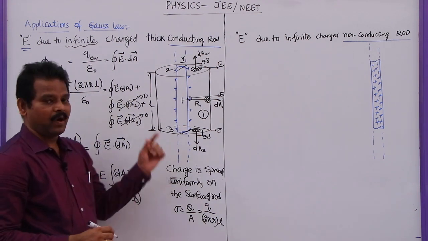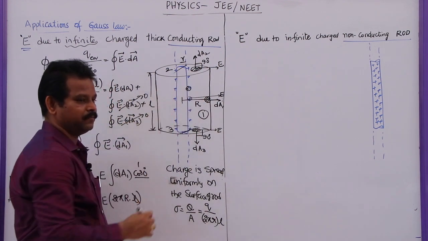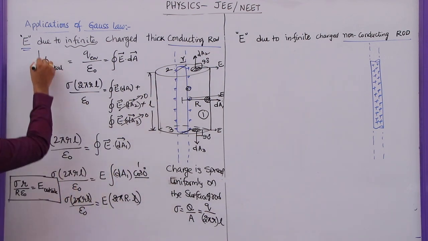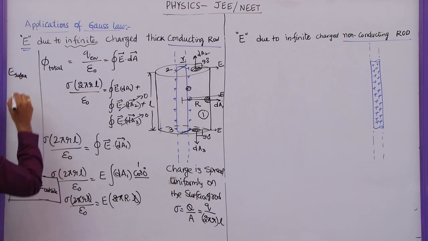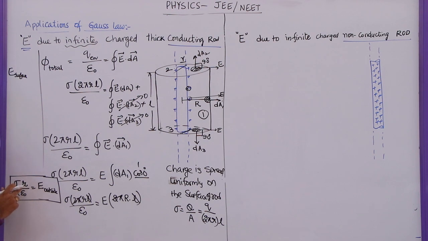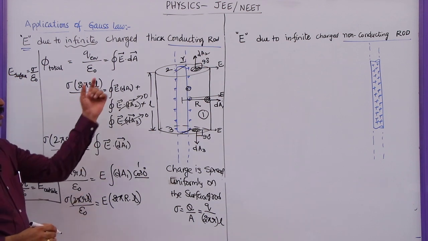Now if I want to find out the electric field exactly on the surface of the thick conducting rod, I can write here on the surface. You can follow the same method, and finally small r and capital R are equal. So this will become sigma by epsilon naught for the thick conducting rod.